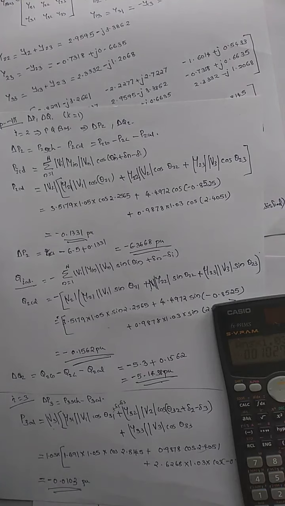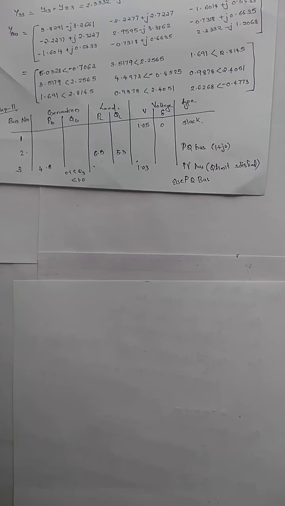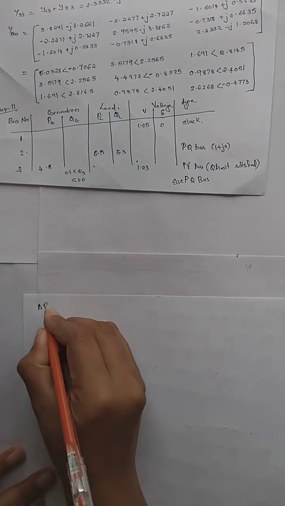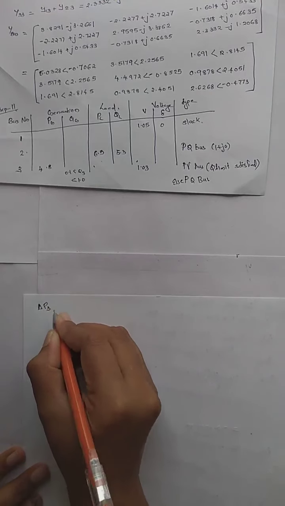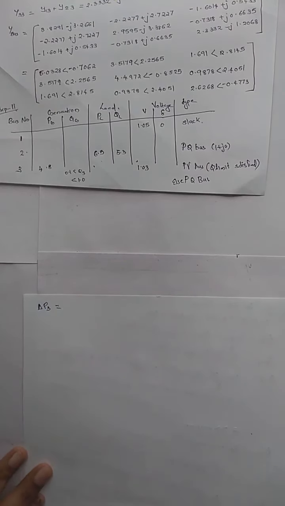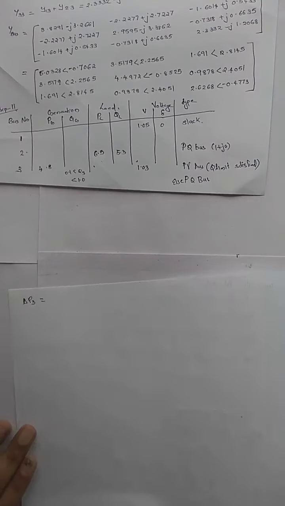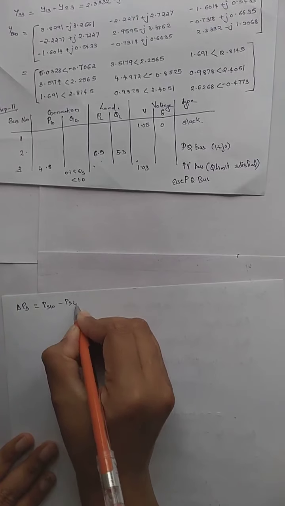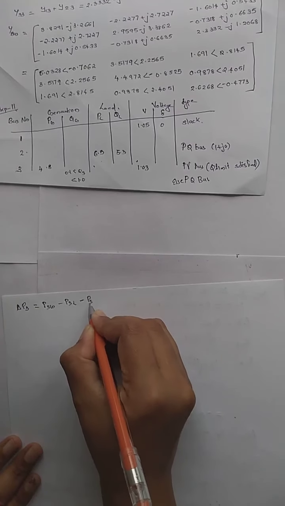Okay, so I will check whether the value is the same. Next, we have to find out our delta P3 value, isn't it? Delta P3 is equal to P3 generated minus P3 load minus P3 calculated.